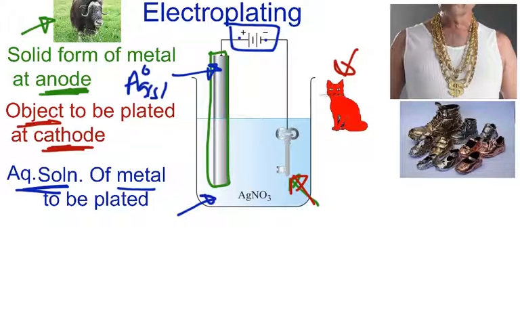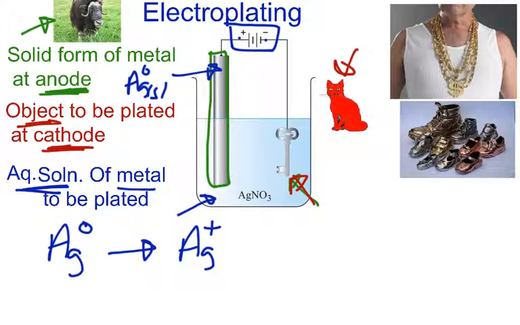Ag0 oxidizing, losing electrons, will form Ag positive, because remember, when we lose negative, we become more positive. In aqueous solution, and we will get a loss of 1 electron, and you're done. That's the oxidation half reaction that happens at the anode.